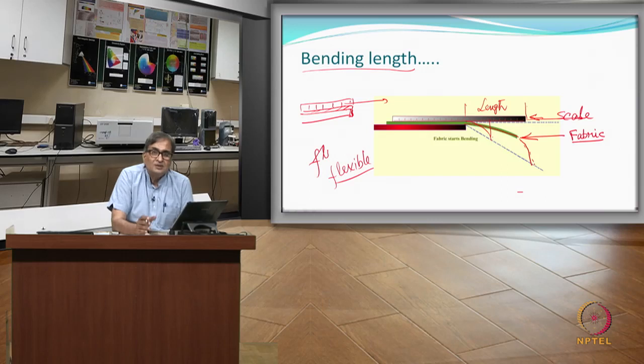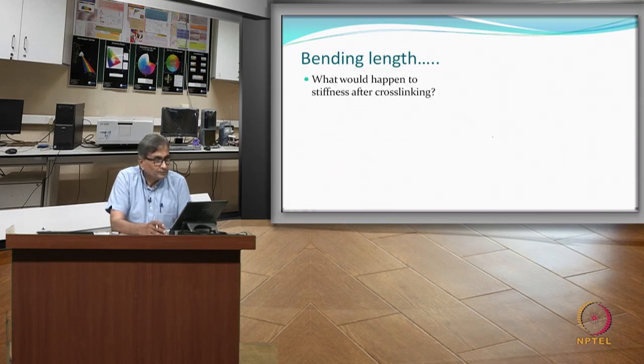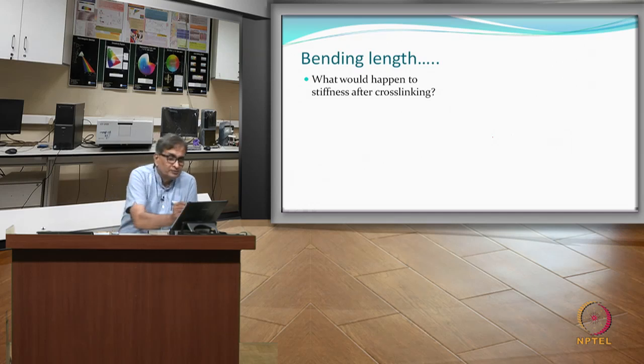What it means is the bending length is a measure of the stiffness of any fabric. So, what would happen to the fabric after our cross-linking treatment, the wrinkle resist finishing treatment? What do you think? Would the bending length increase or decrease? Or you can answer the other way: is the fabric going to become softer or stiffer? What do you think? The fabric is going to become stiff.